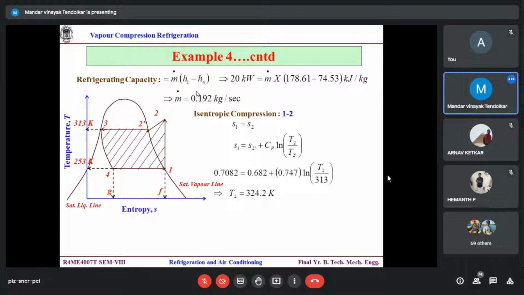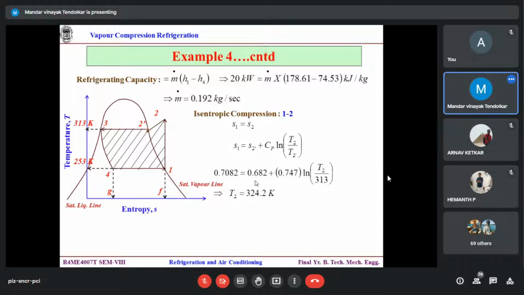Yes, sir. Good. Then isentropic compression process. Hemant, take the formula. So S1 equal to S2. Correct? S1 is directly SG1 and S2 is superheated. So this is S2 dash plus Cp times ln of T sup by T sat. So I get the superheated temperature.